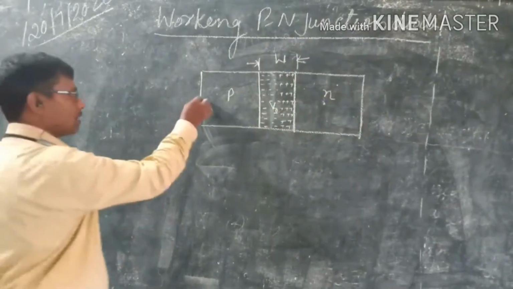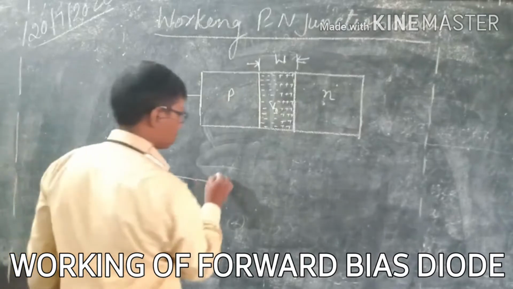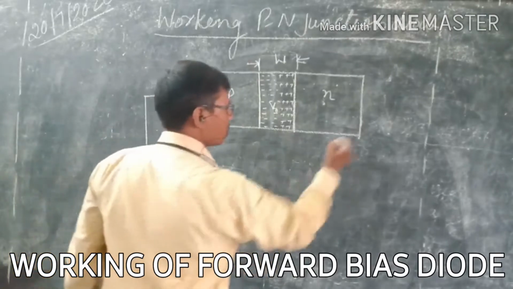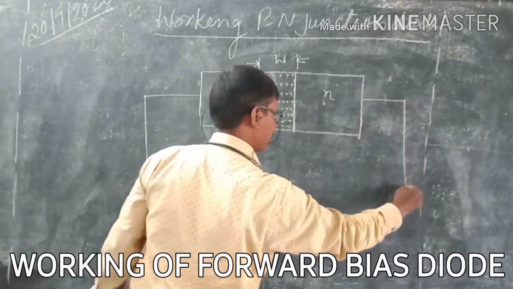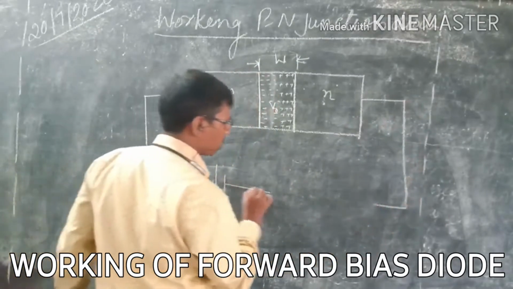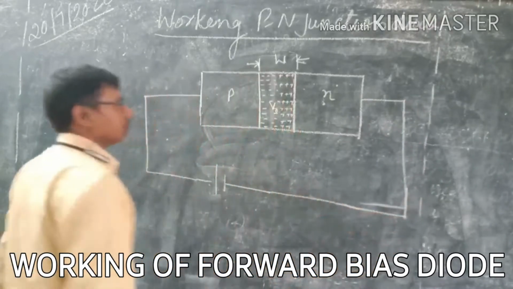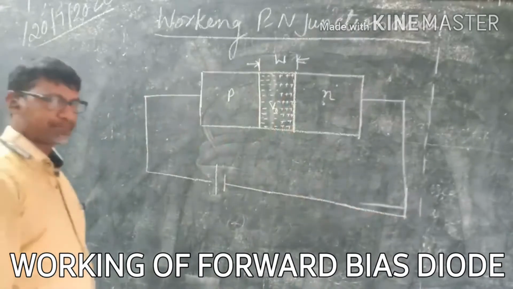As soon as we apply the forward bias, what is forward bias? When we connect the P end of the semiconductor diode with the positive of the battery and the N end with the negative of the battery, that is called forward bias.